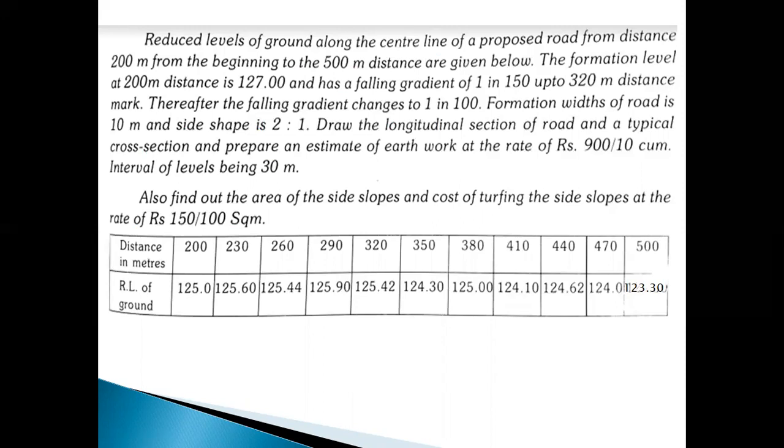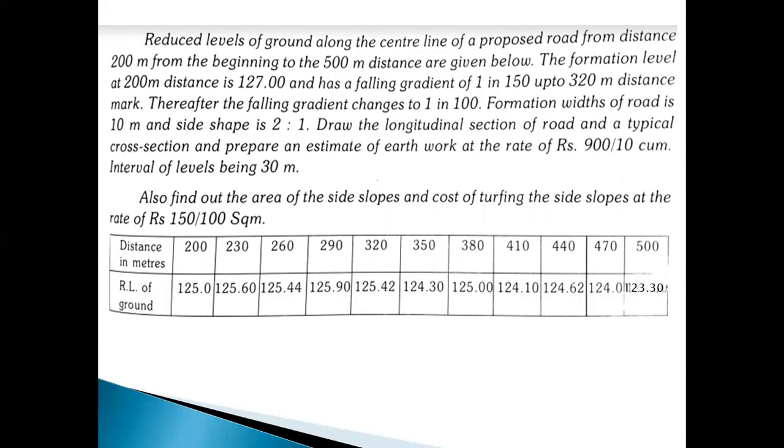The formation level at 200 meters distance is 127 and has a falling gradient of 1 in 150 up to 320 meters distance mark. Thereafter, the falling gradient changes to 1 in 100. Formation width of the road is 10 meters and the side slope is 2:1.